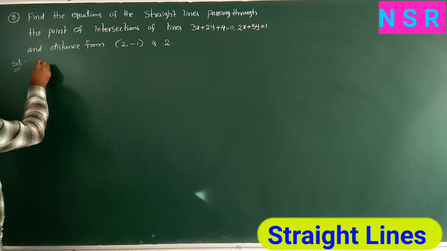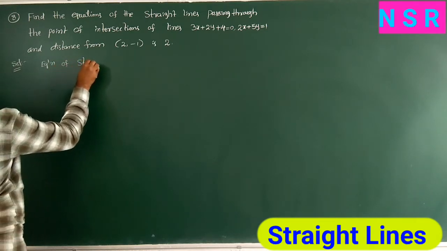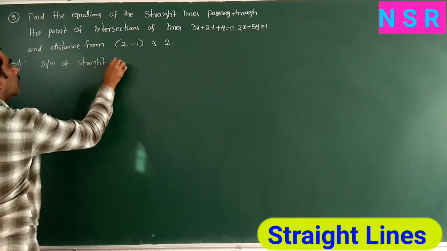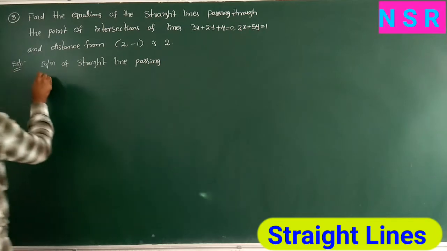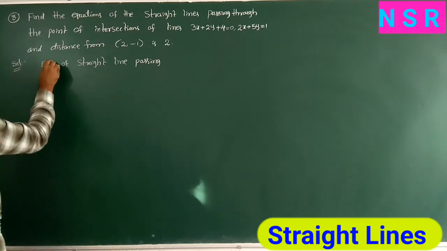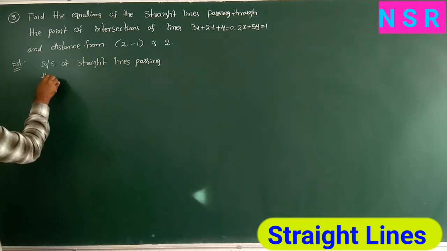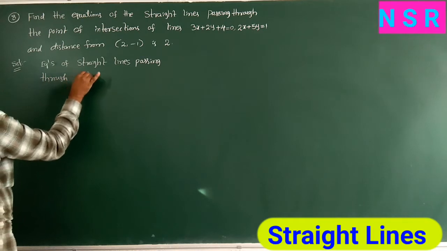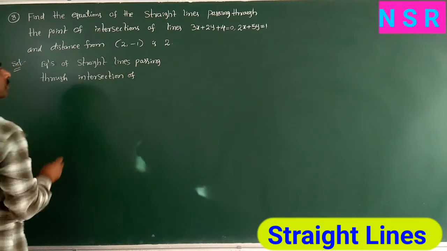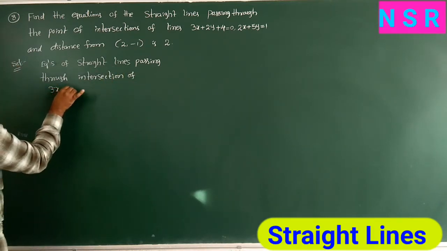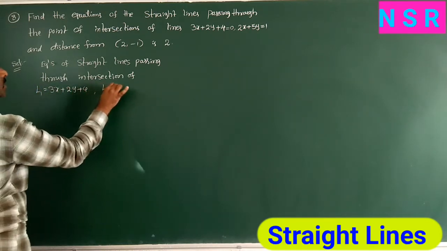So here write the equations of straight lines passing through the intersection of two lines, that is 3x + 2y + 4 = 0, this is L1, and another one is L2.